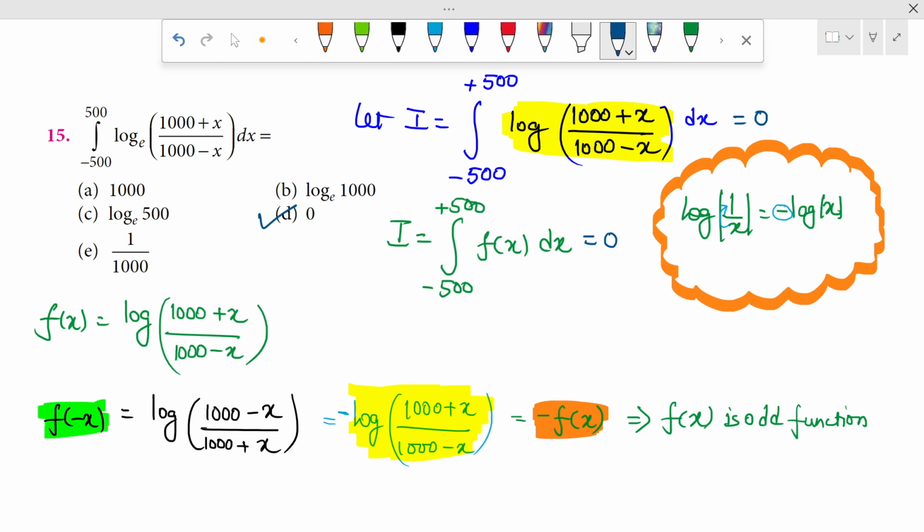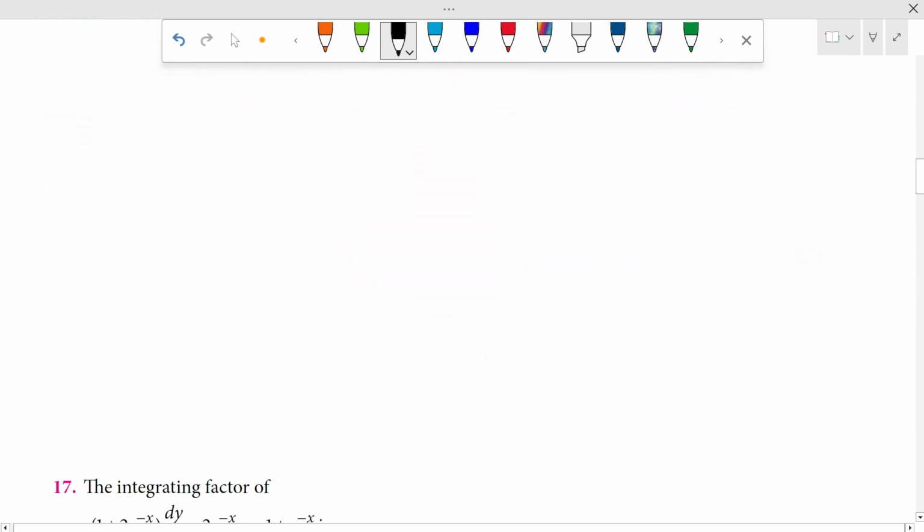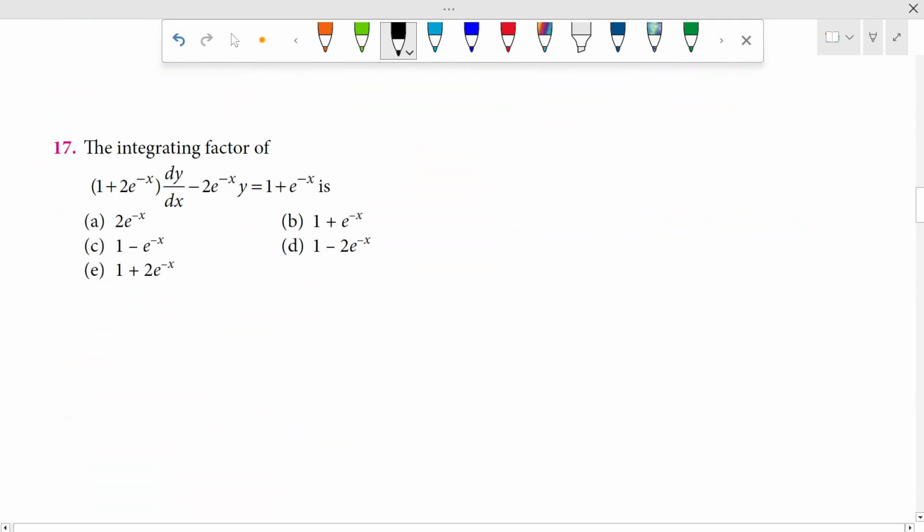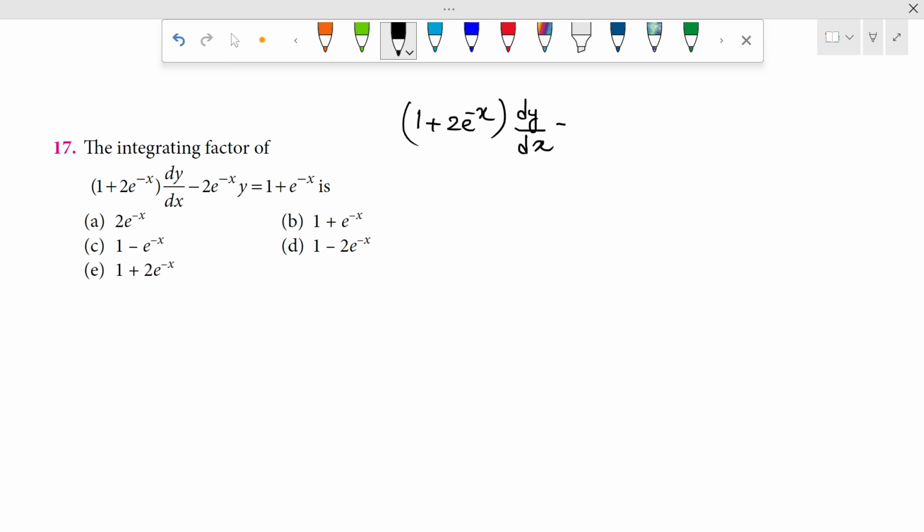Okay, clear? Very good. Now over here, the next question is this. The integrating factor of this is, and here we are given 5 options. So how to solve this? This is a question from differential equations, right? The first thing that we should do is make the coefficient of dy by dx as 1.